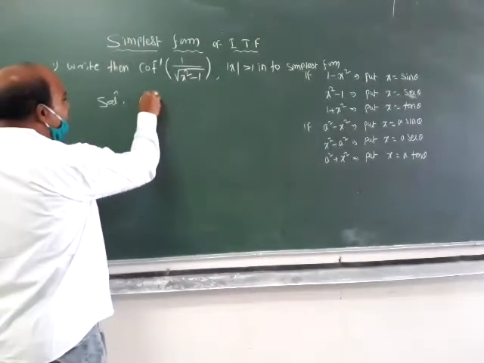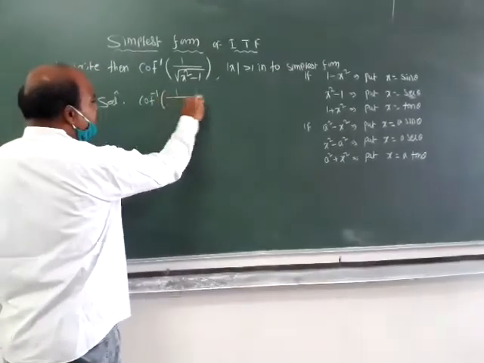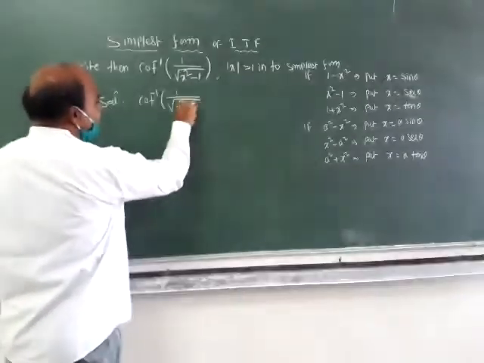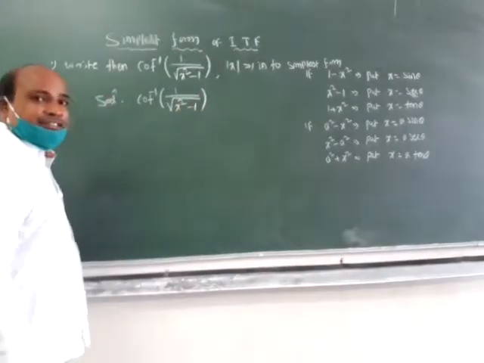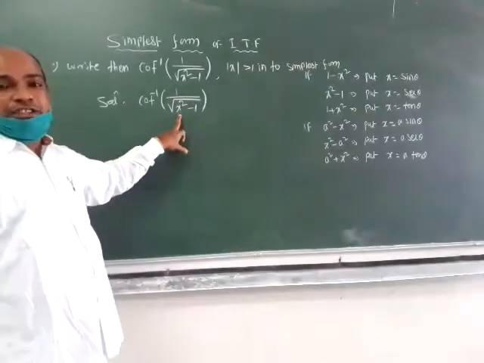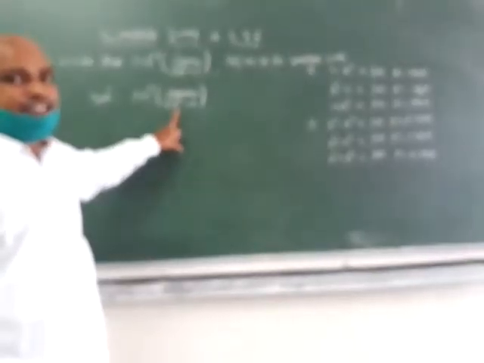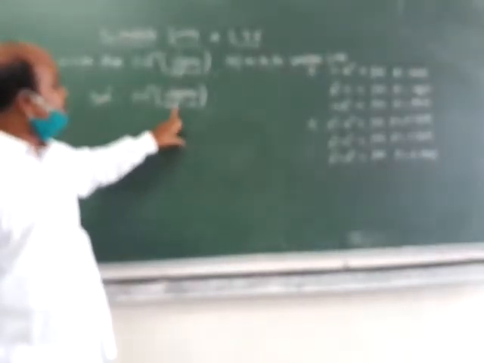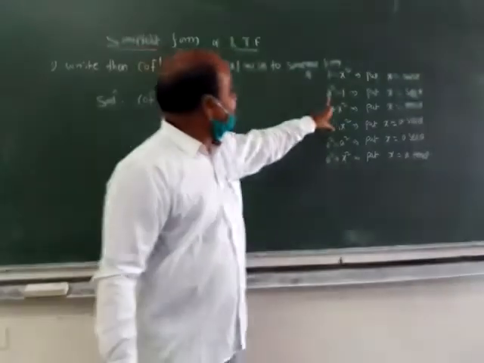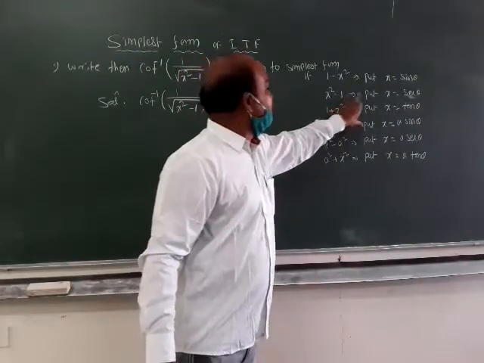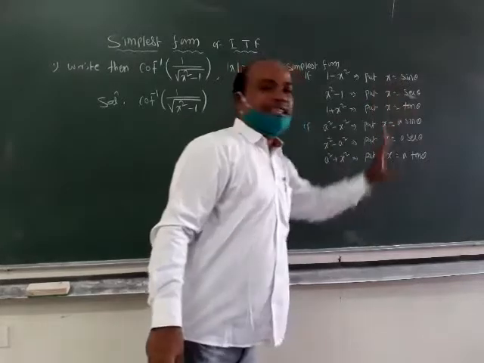The question is cot inverse of 1 by under root of x square minus 1. Now you search: what do you substitute in place of x? You see the function is of the form x square minus 1. So put x is equal to sec theta.